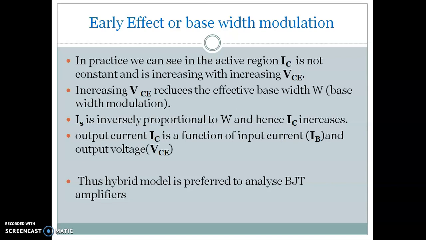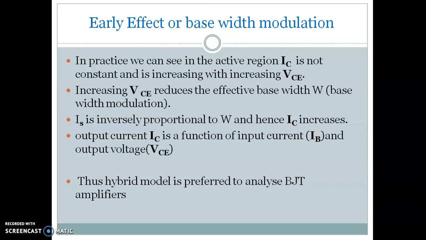The effective base width helps in two things. One is the holes and electrons recombination, and the second one is the reverse saturation current, under the reverse bias, the current carrier.